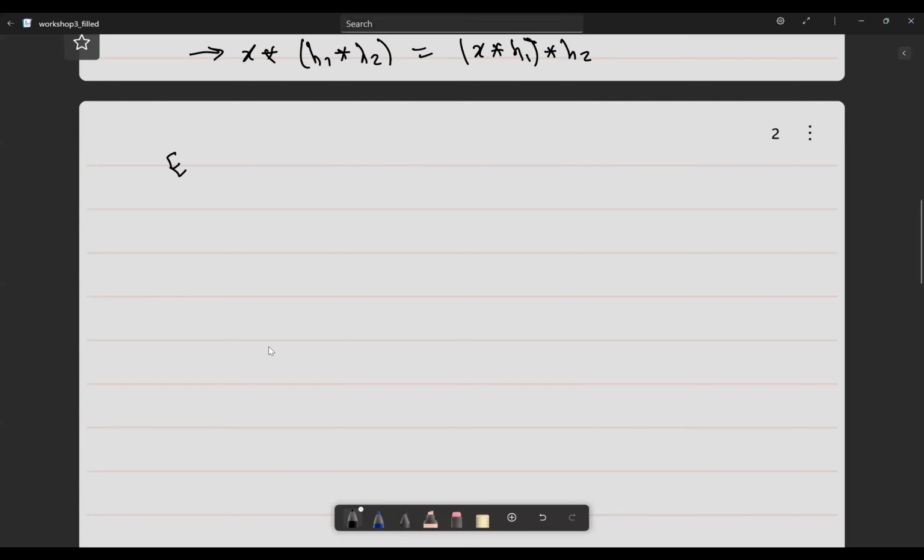So exercise 1, or example 1. Let's say we have a system with this output, y(t) equals x(t minus 3) plus x(4 minus t).